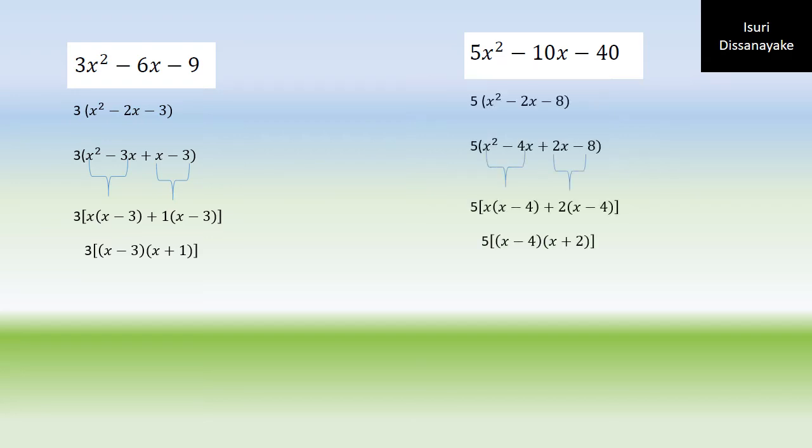You can bring x out from the bracket and we have x minus 4. You take the next two numbers. We take plus 2 out from the bracket and we have x minus 4. So 5 is common and x minus 4 is one factor. X plus 2 is the other factor.